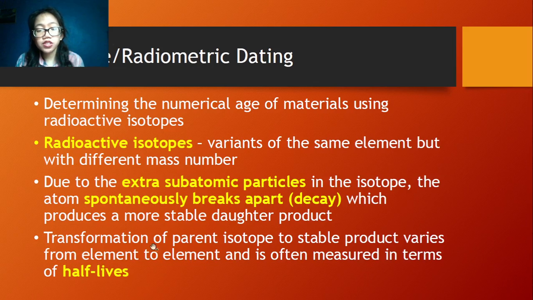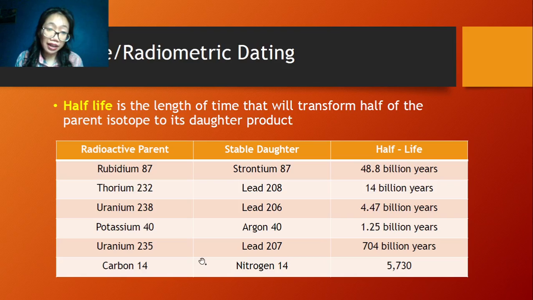Okay, so the transformation of parent isotope to stable product varies from element to element and is often measured in terms of half-lives. Okay, so take a look at this chart. It's already showing you the radioactive parent, the radioactive isotope, will decay into a stable daughter, and scientists have already identified the half-life of each material.